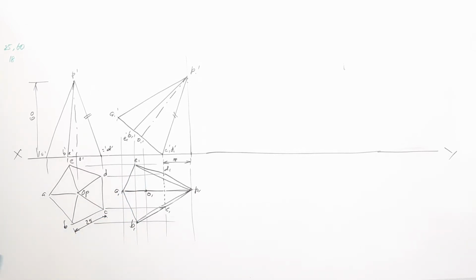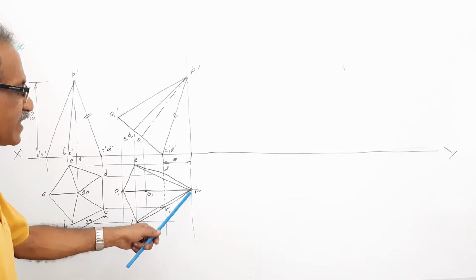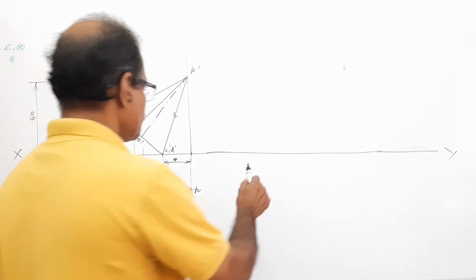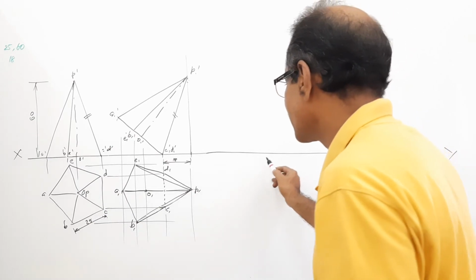I do not know when you actually draw whether all slant edges will be visible or not. I don't know. Now what? Now redraw this plan in such a way that P1 touches XY line. Agreed? Redraw this plan so that P1 touches XY line.